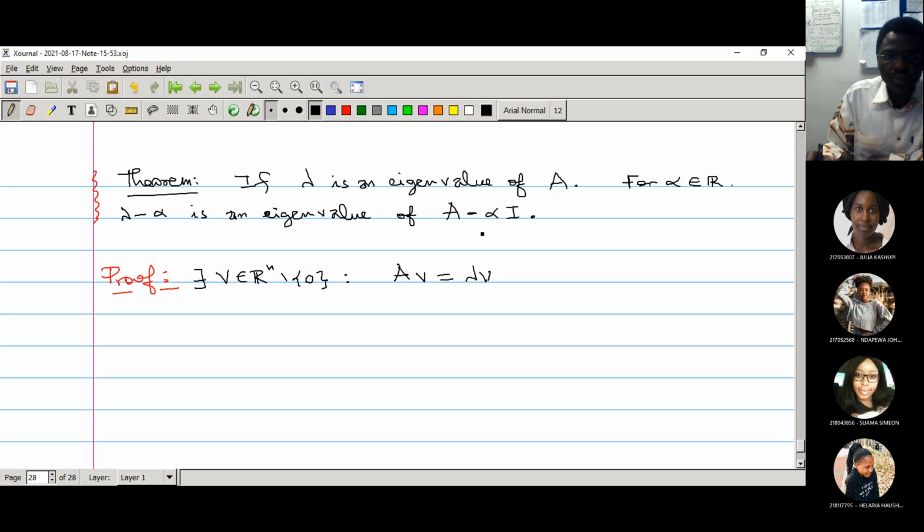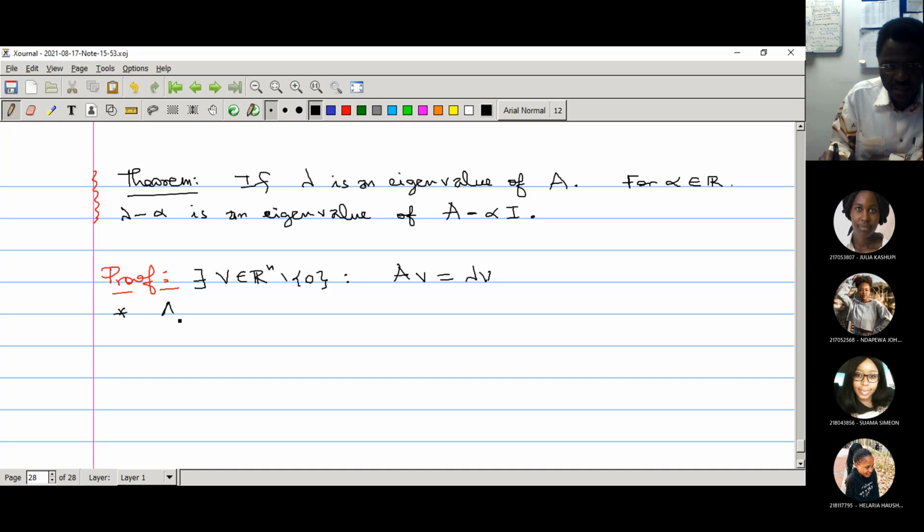Now, let me use this same V and apply it to A minus alpha identity.